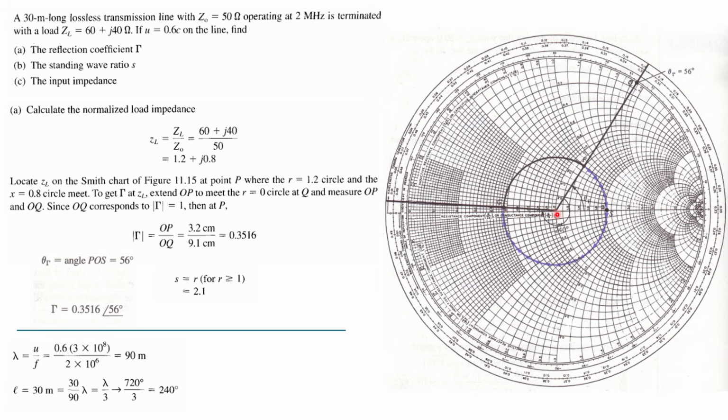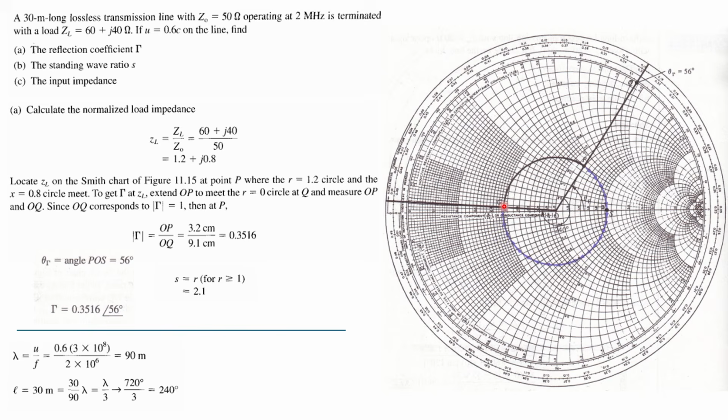Consider the OP base and draw the 240 degree angle, and then connect your origin to this r equal to 0, and wherever it cuts this S circle, that will be the G value.